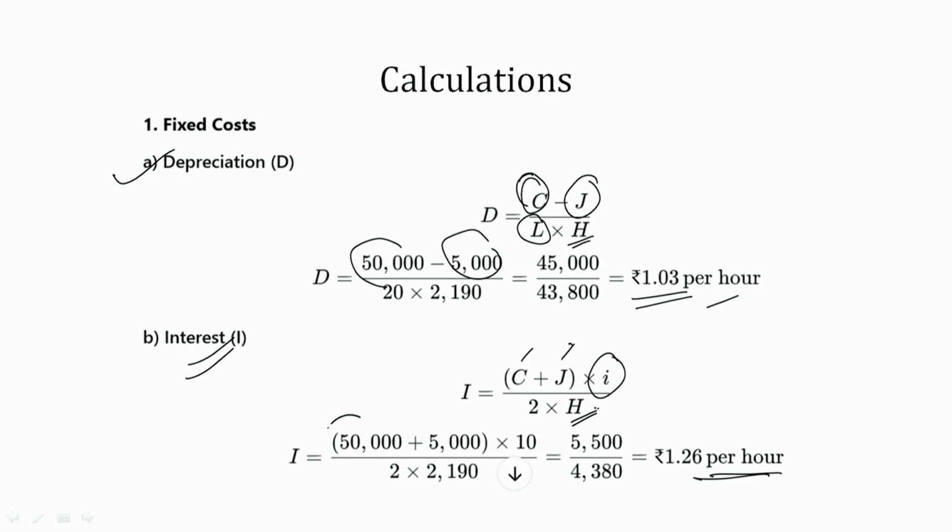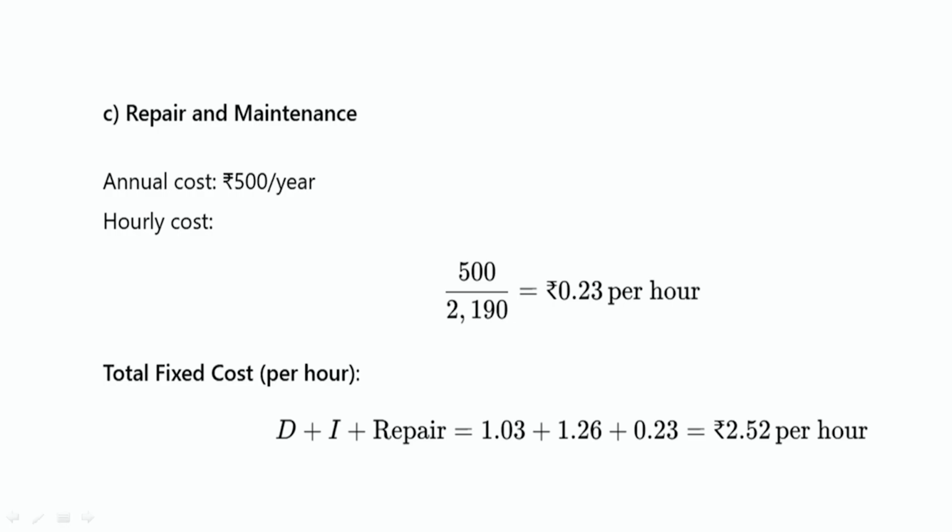Here 50,000 was our installation cost, 5,000 rupees was our junk value, and H is the annual working hours, and this comes as 1.26 rupees per hour. This will be the interest on an hourly basis.